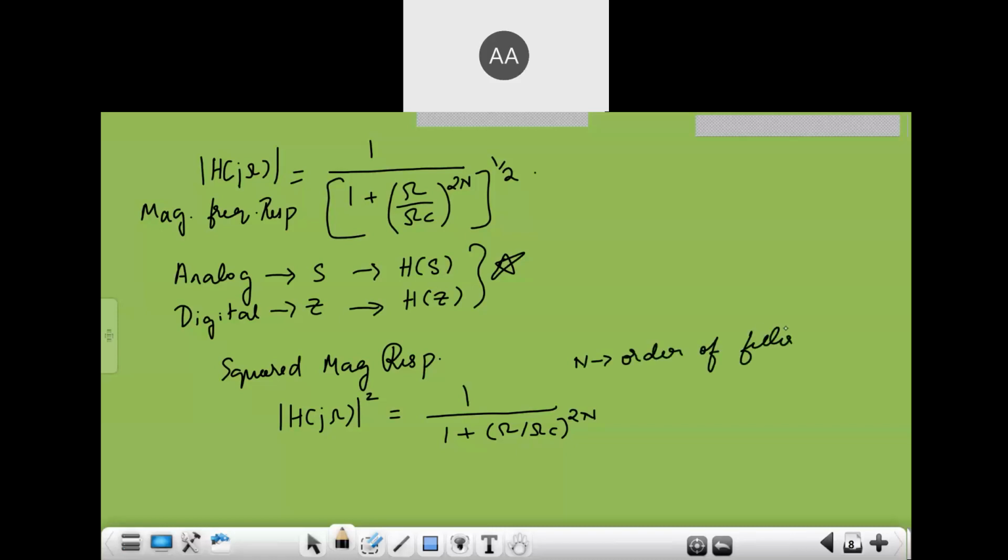So the higher the order, the better is the response of the filter, but you should have a minimum value of this order such that you do not randomly increase the size of the filter. Because if I say a 50th order filter using RC components, what will you do? You will have 50 sections like this. Can you imagine that? It will be too much.